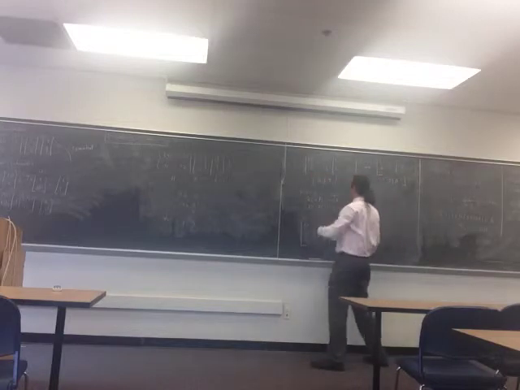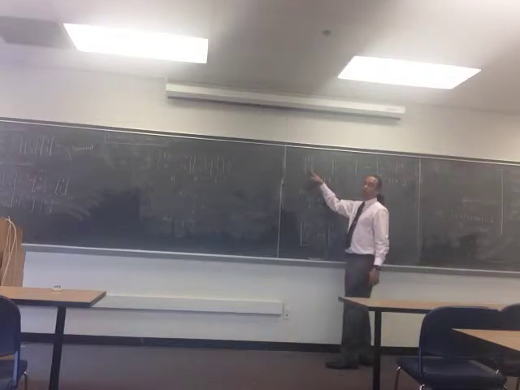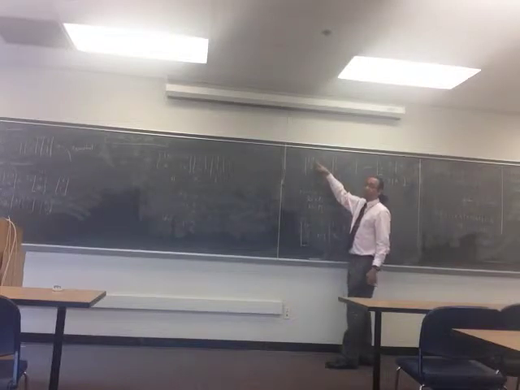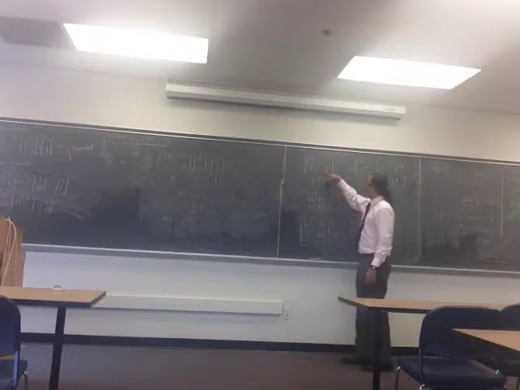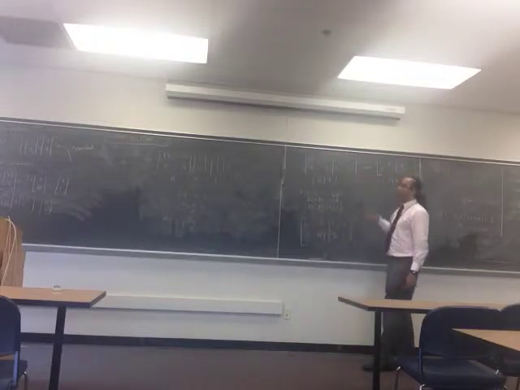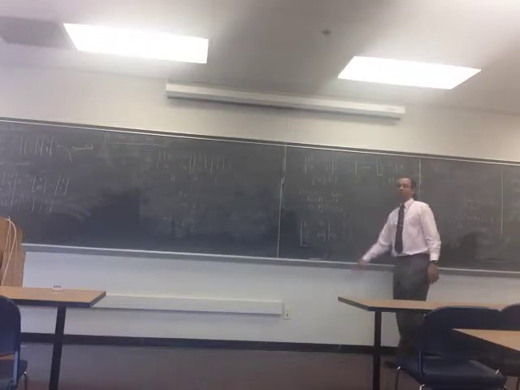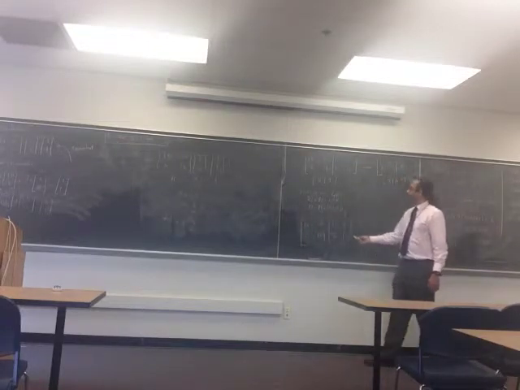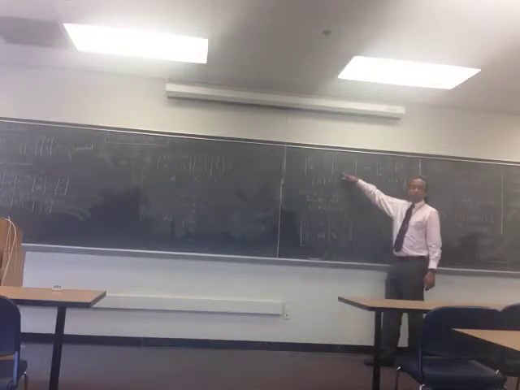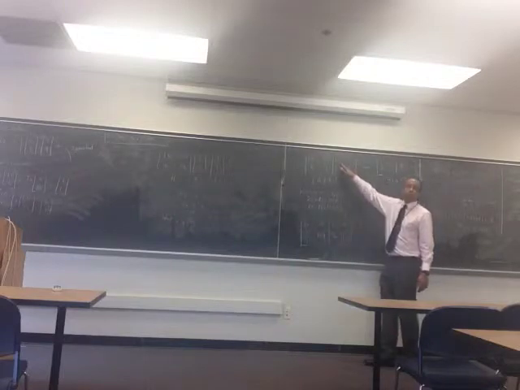So this one here is 4 minus 4 by 10 times 10. So that becomes 0. 12 minus 4 by 10 times 4. That is 10.4. 0 minus 4 by 10 times 1.